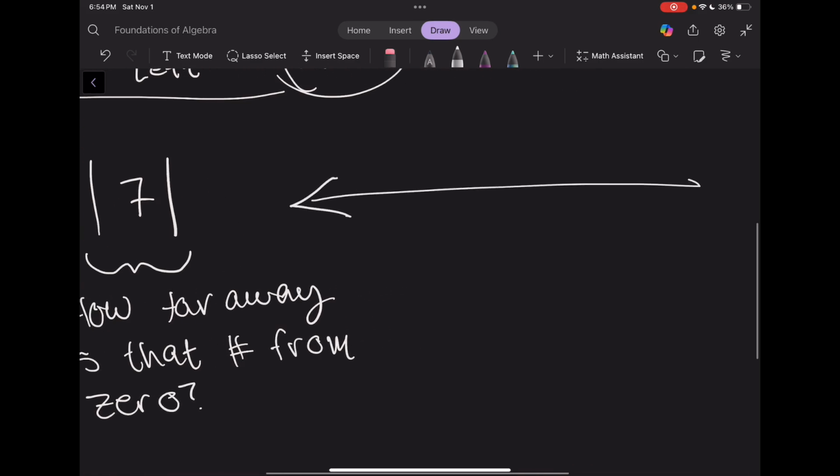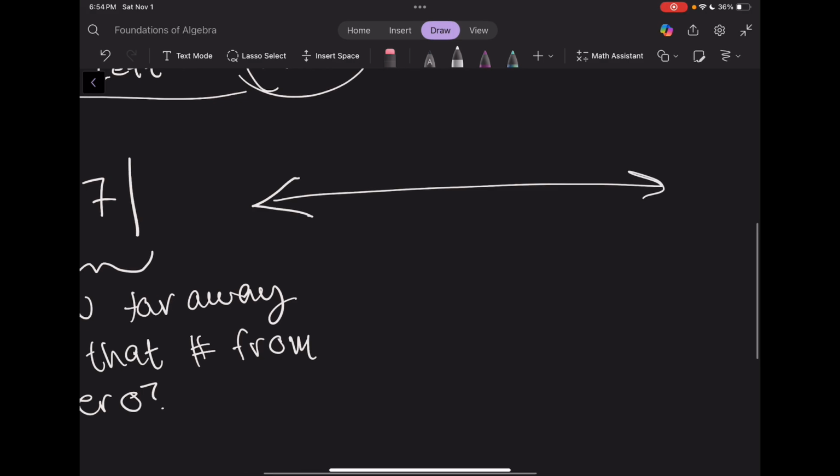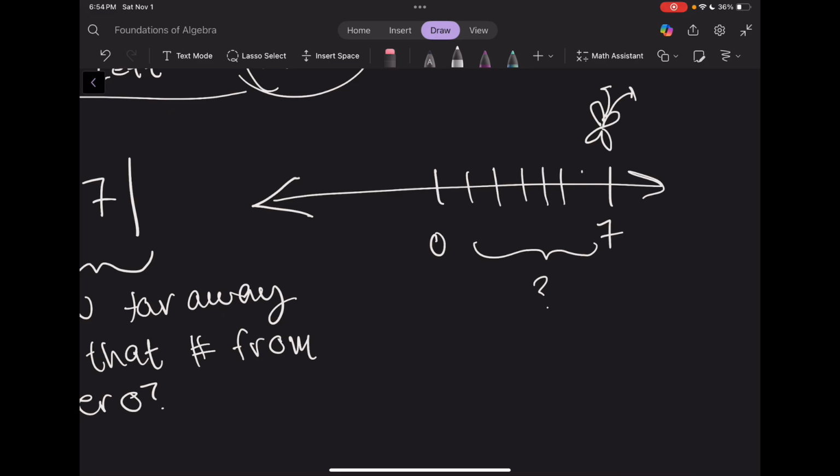Imagine we're on a number line. Let's even say that I'm a little butterfly. How far away am I from 0? Well, I am 7 spaces away.